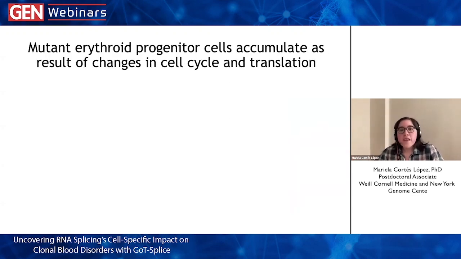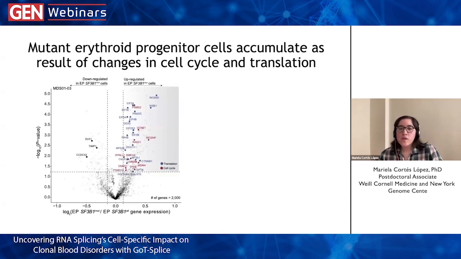Moreover, these erythroid progenitor cells tend to accumulate these changes in the cell cycle and also translation. So when we just did a comparison of the mutant erythroid progenitor cells versus the wild-type erythroid progenitor cells, what we observe is that in most of the mutant cells, we have an increase of genes that are associated to translation functions and also cell cycle.